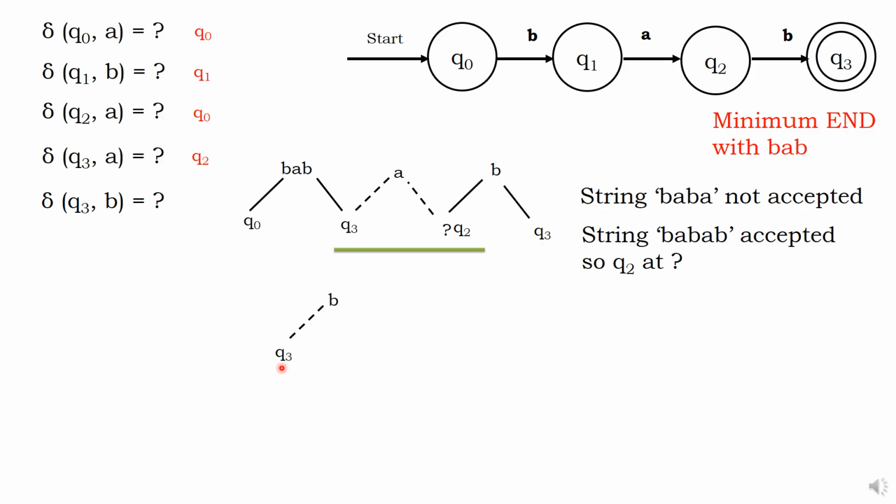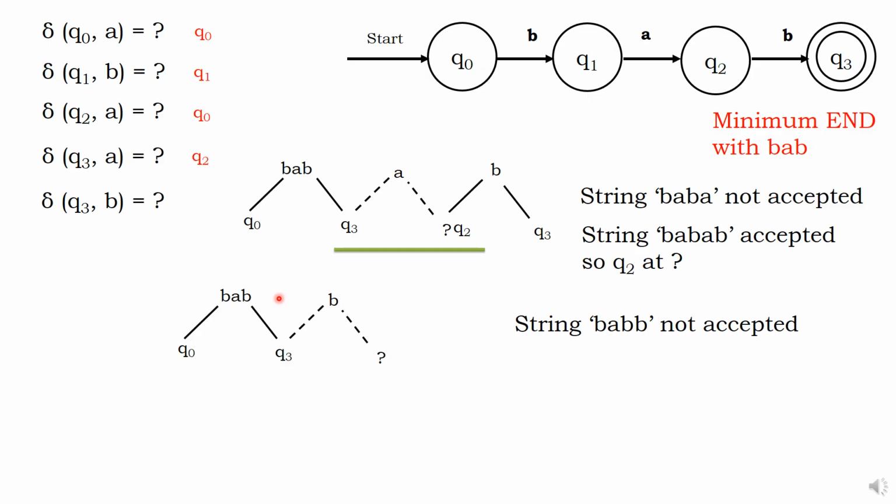Last, Q3, B, what happened? Before Q3, BAB. Before BAB, Q0. After Q3, nothing is there. Now, what is the string? BABB. BABB, not accepted. But if I put some modification here, you can accept. Don't think in this way.